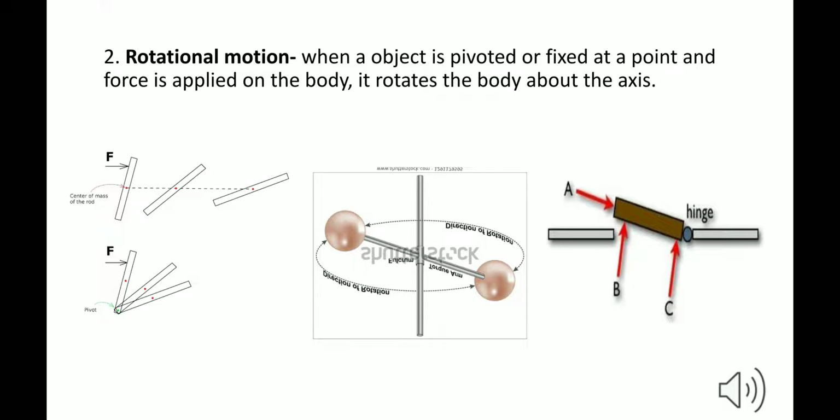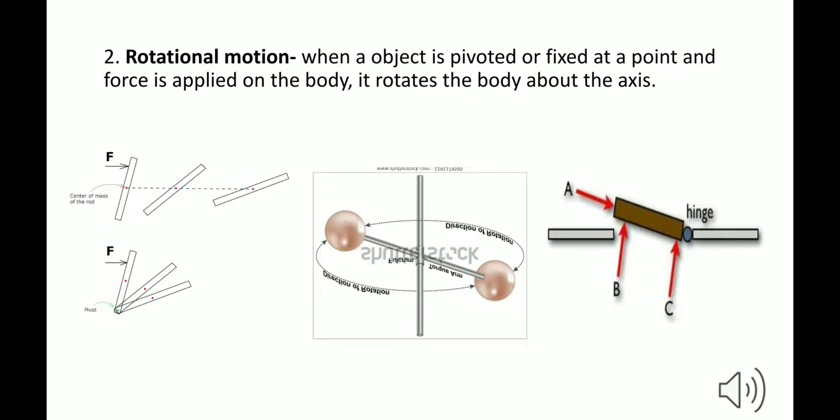And in the third one, you can see it is the opening of a door. It has been pivoted or hinged from one point, and when force has been applied from other point, then the door opens. It moves in circular manner, and this is known as rotational motion.